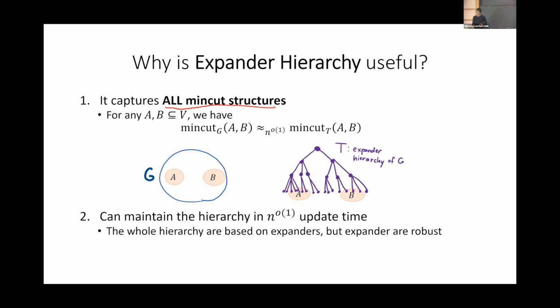And moreover, because this hierarchy is just defined based on expanders, I can also show that you can actually maintain this tree in the dynamic setting with small update time. And the idea is just expanders are robust and so you can handle updates.